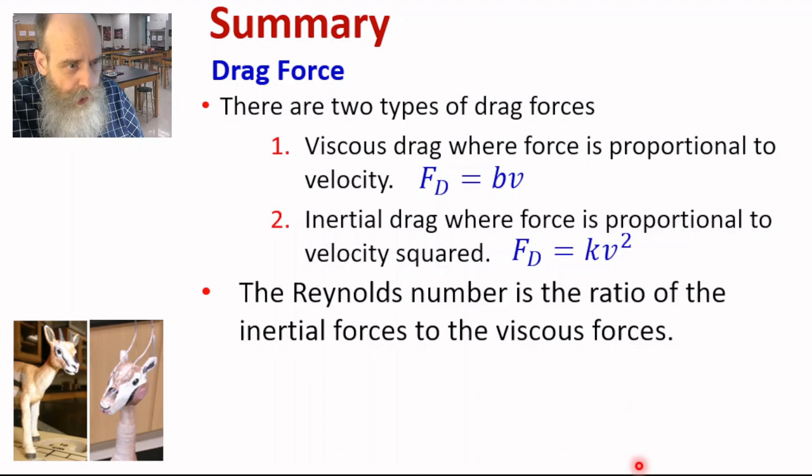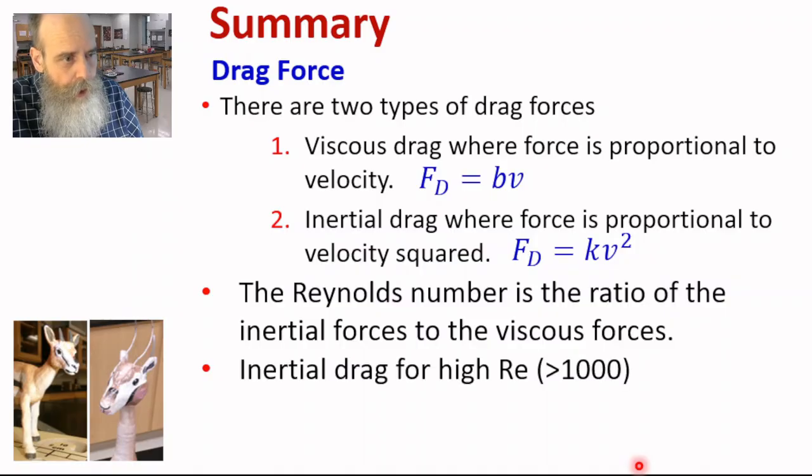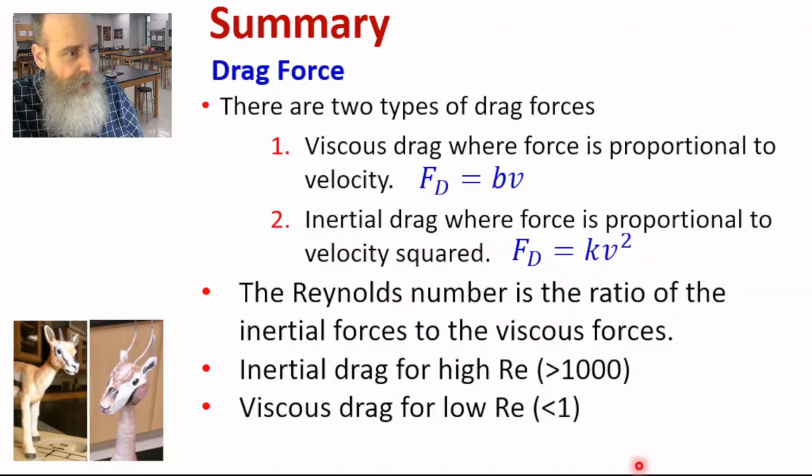The Reynolds number is the ratio of the inertial forces to the viscous forces, and from it we can determine what type of drag force we have. We have inertial drag for high Re, greater than 1,000, and viscous drag for low Re, less than 1.